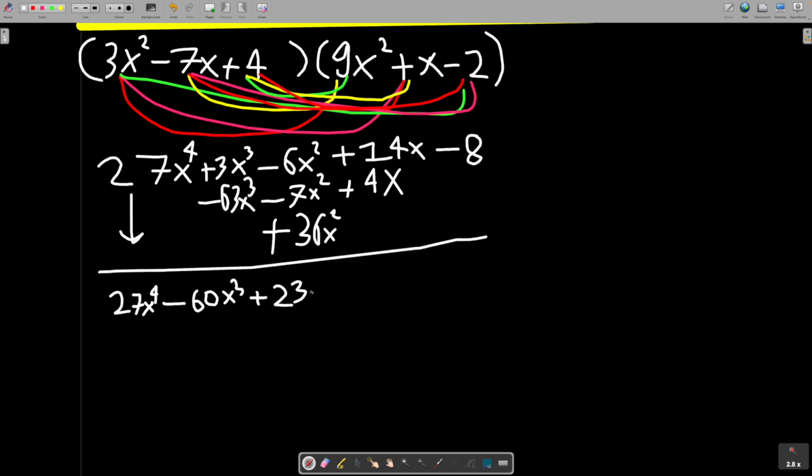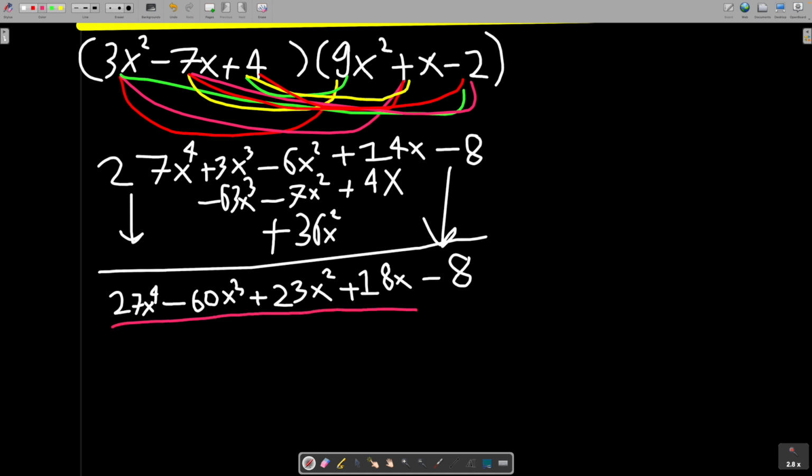And then the next one is 14x plus 4x, that is just 18x. And then finally we can just bring down this negative 8 because there's no other term like that, just like the first term. So this is the final answer: 27x to the 4th minus 60x cubed plus 23x squared plus 18x minus 8.